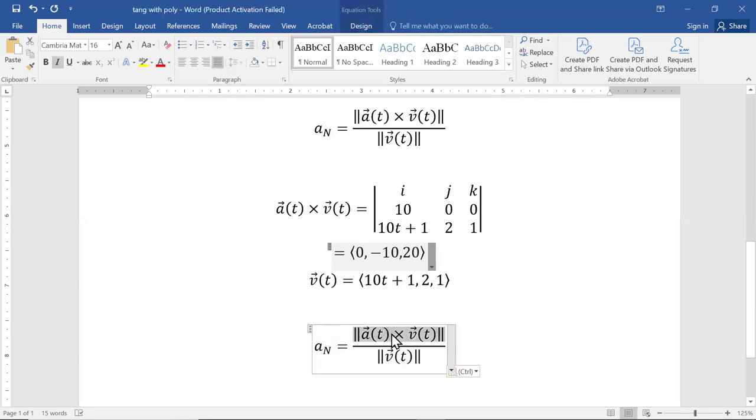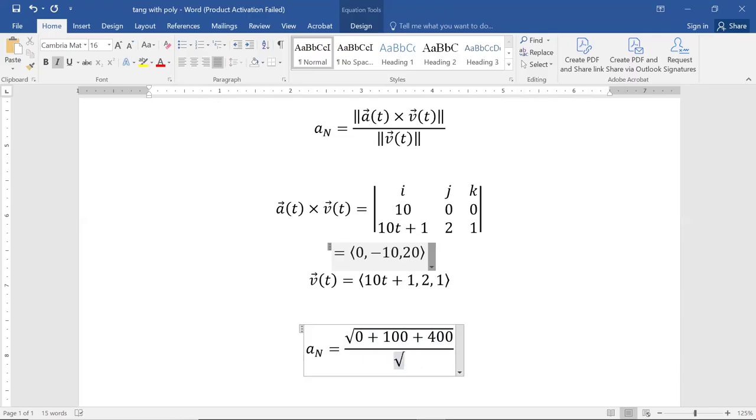So the magnitude of the cross product is going to be the square root of 0 squared plus negative 10 squared plus 20 squared. The magnitude of my velocity vector is going to be the square root of (10t plus 1) quantity squared plus 2 squared plus 1 squared.